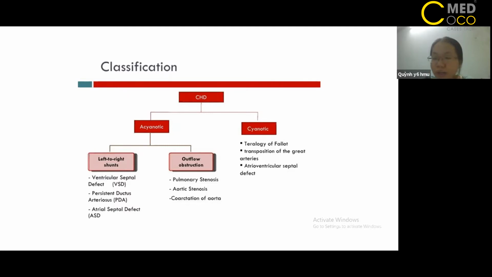Today we will talk about the acyanotic aspect of congenital heart disease. In acyanotic congenital heart disease, we also divide into two subtypes: the first is the left to right shunt, and the second is no shunt.